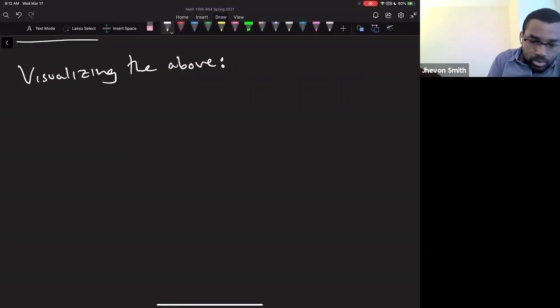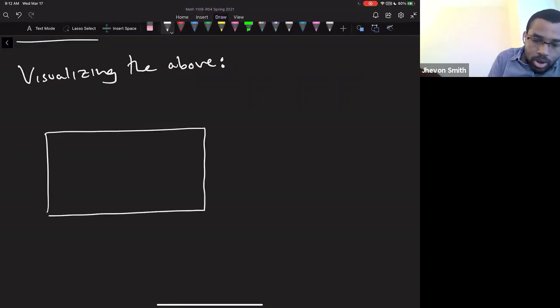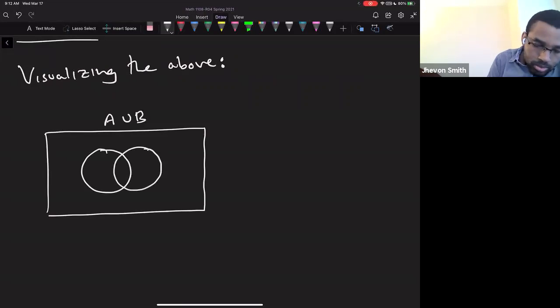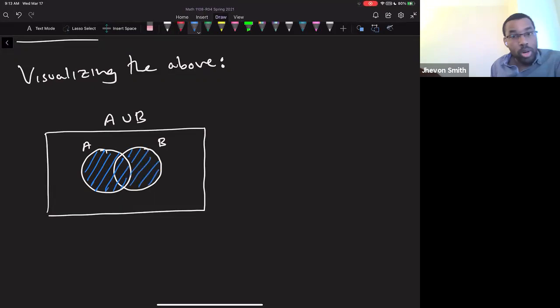So how I would look at A union B. I can think of a set A and B. And if I want to visualize what does it mean to take the union, it means I am going to look at everything that is in A or B or both, right? So it's like I'm taking everyone in these two situations.